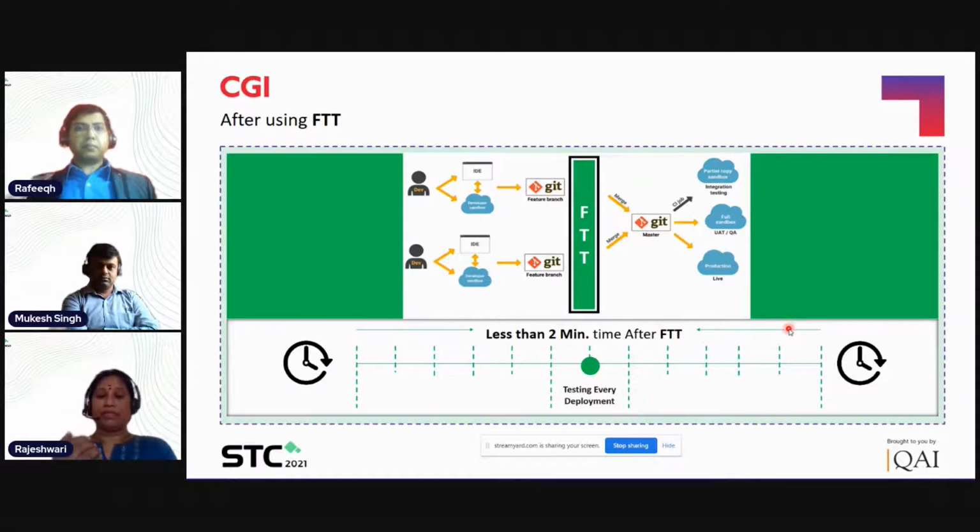It uses some of the latest technologies and solutions, so it takes less than 2 minutes for the environment setup or deployment. In this way, the tester has the power to test this particular application. The quality of the product is improved, and there is not much time spent in deployment activities.